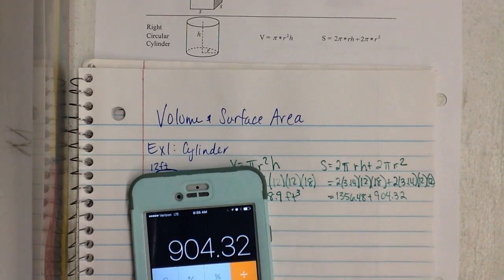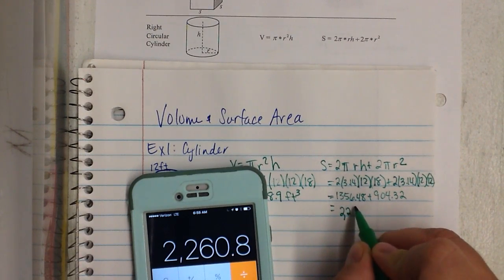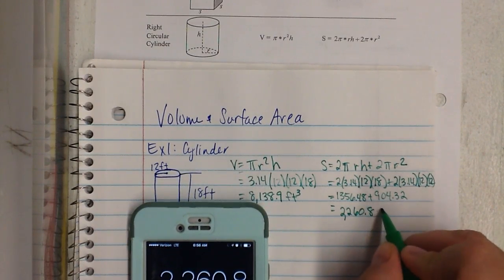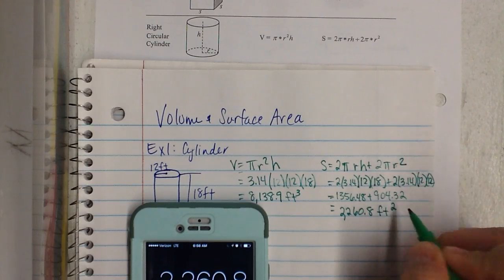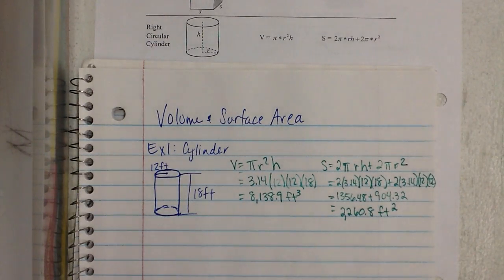Now I'm doing the addition: 1356.48 plus 904.32 is 2,260.8. This is feet, and this is area, so it's squared. Area is two-dimensional.